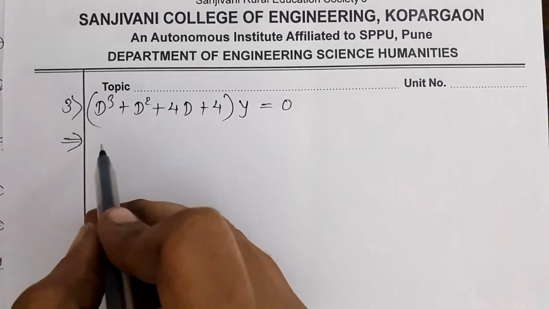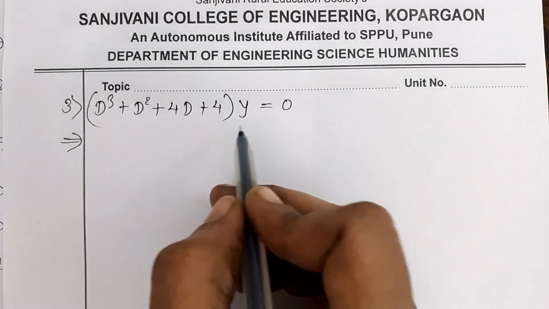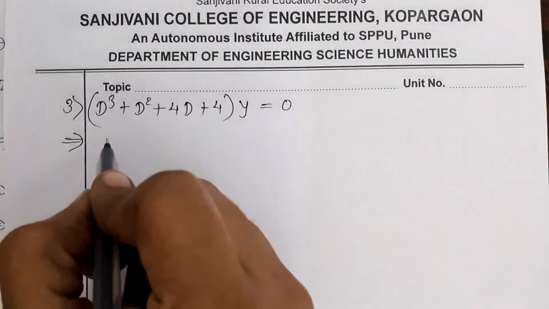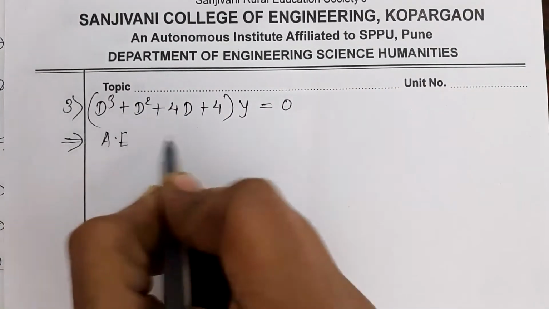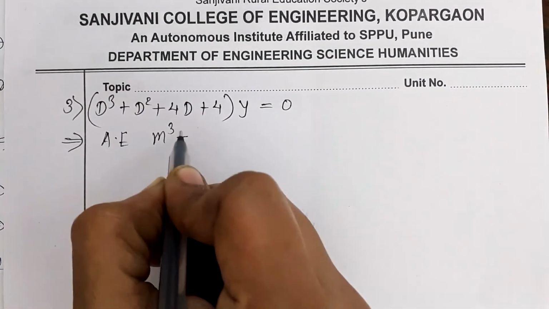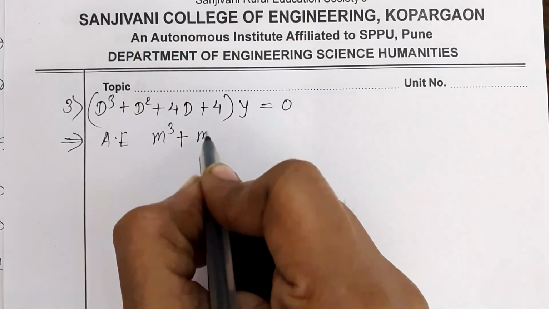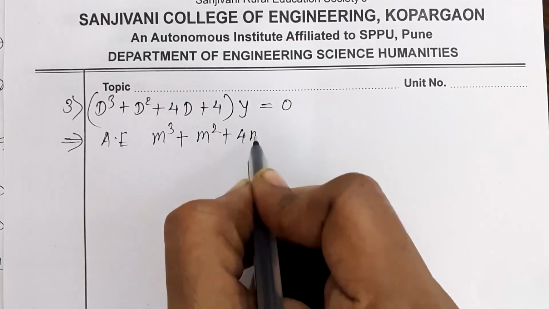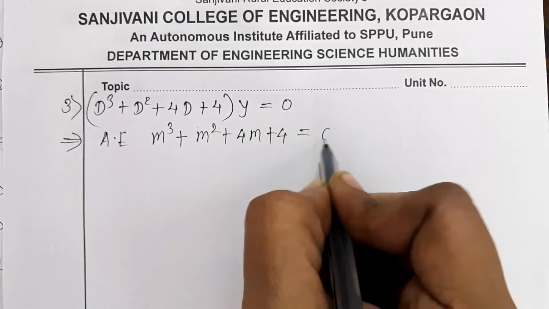Next example is D cube plus D square plus 4D plus 4 into y is equal to 0. Now the auxiliary equation is m cube plus m square plus 4m plus 4 is equal to 0.